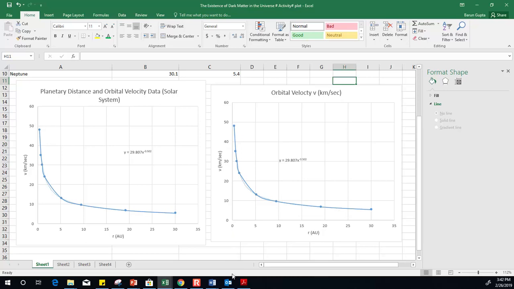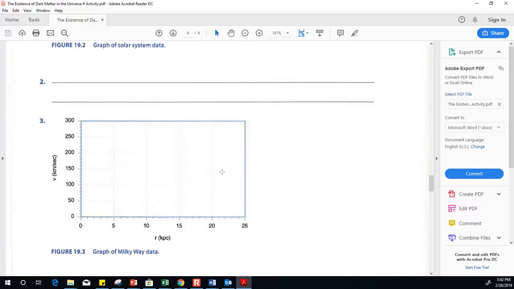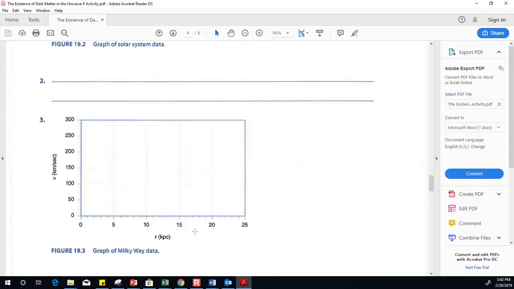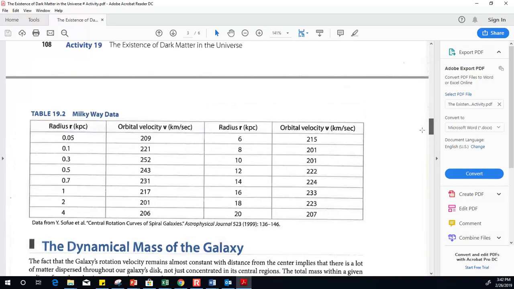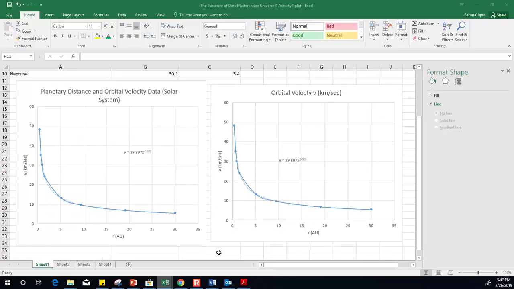The second thing is, now you have to plot the same thing for the Milky Way data. The Milky Way data is given right here. This is the radius and velocity. So you have to now plot the radius with the velocity for the Milky Way data.